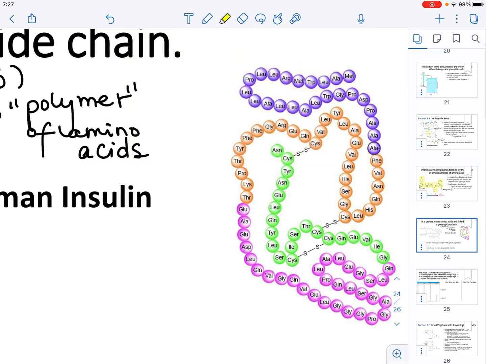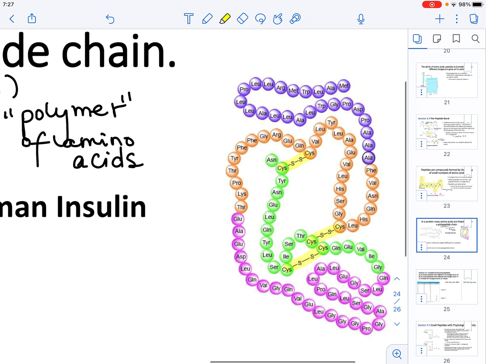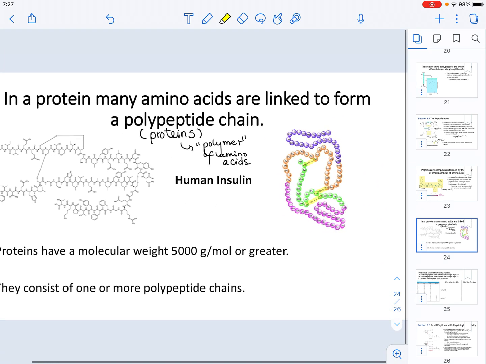And they are illustrated, as you can see, right here in the molecule. So this is just showing the SH bond in the cysteine making a disulfide bond. But we will talk about disulfide bonds later in the semester.